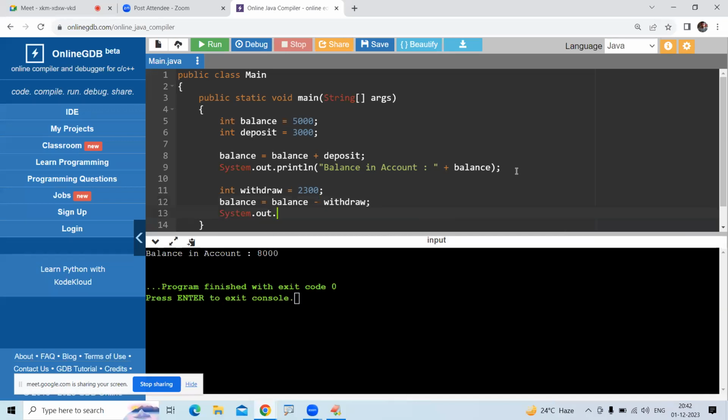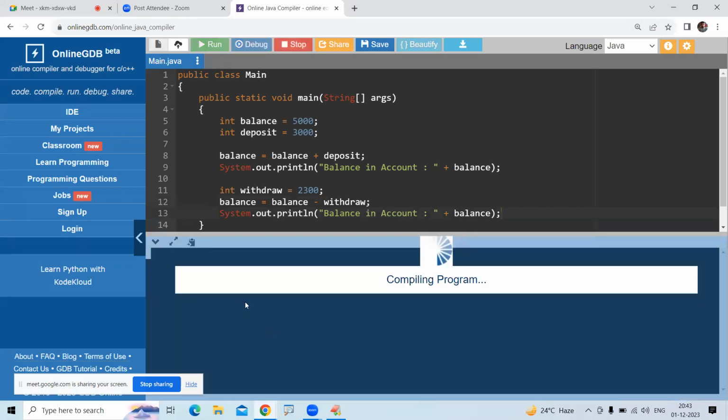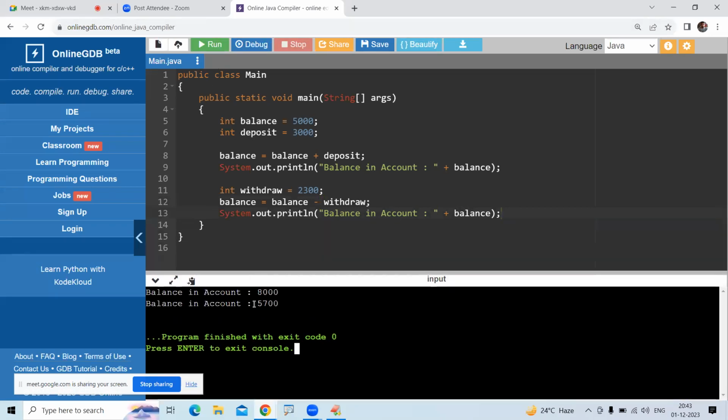Then we are printing with System.out.println the balance in account after withdrawing 2,300 rupees. Look at this, the output is 5,700 rupees.